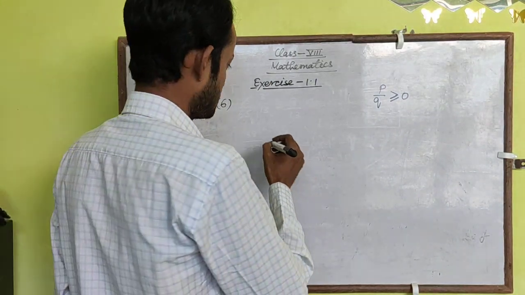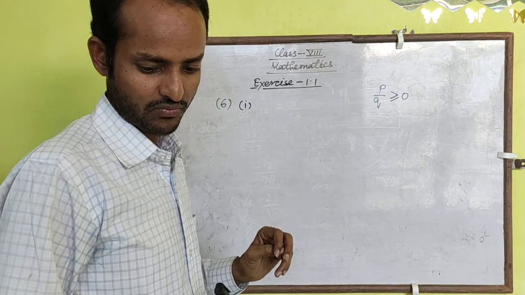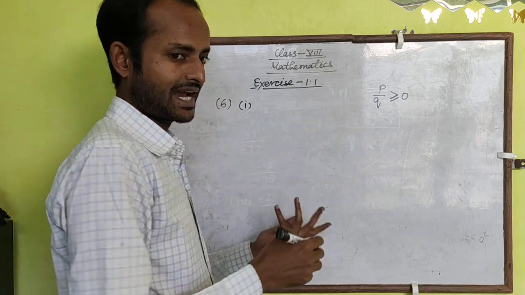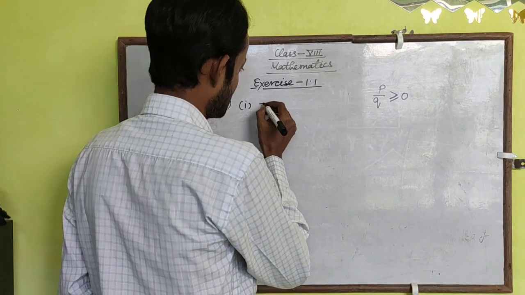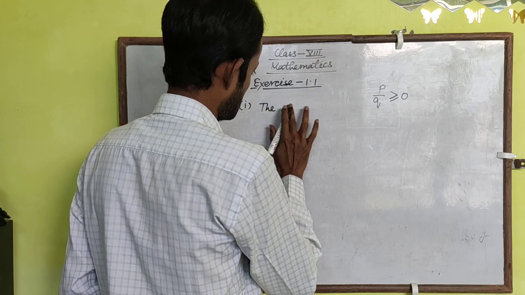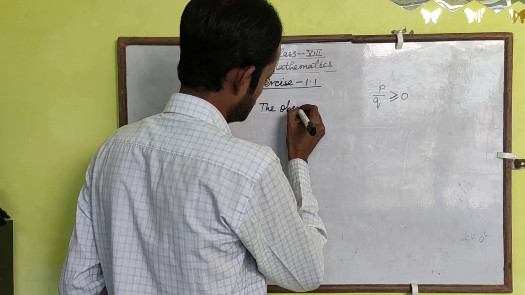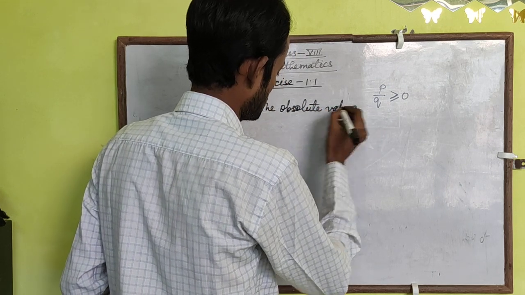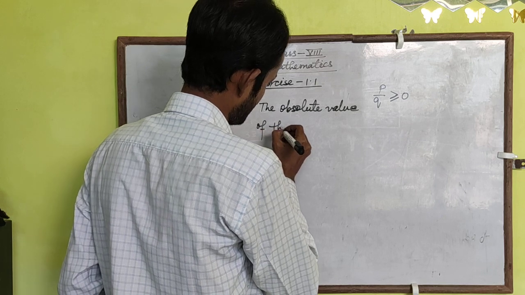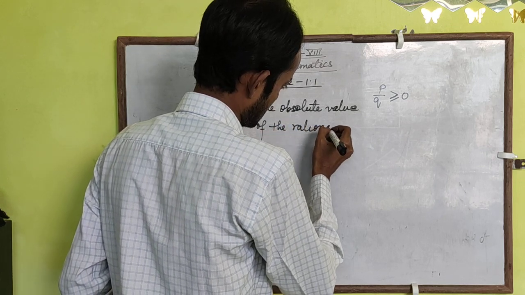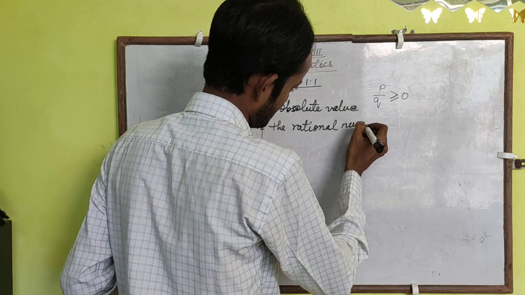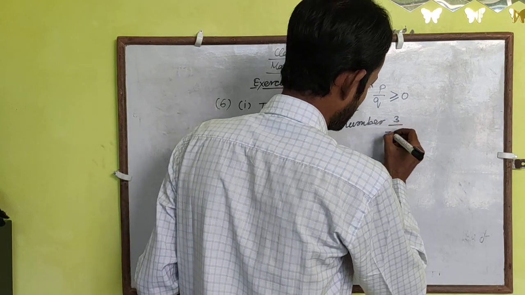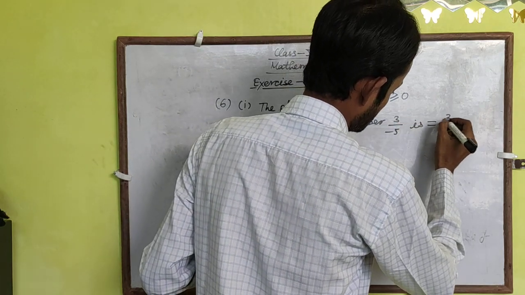Now, question number 6, first: 3 upon minus 5. Then we can write in the proper way: the absolute value of the rational number 3 upon minus 5 is equal to 3 upon 5.